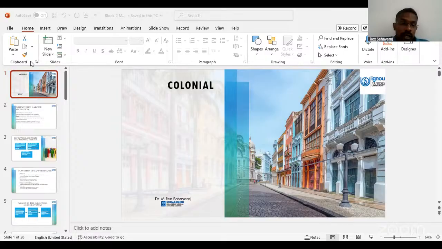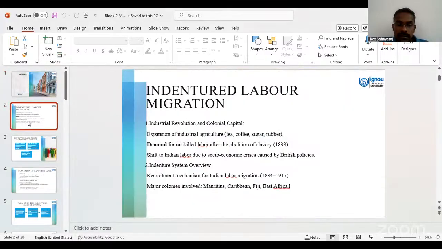During the colonial period, this block clearly shows the two major migration processes, the indentured labor system and the Kangani system, right?